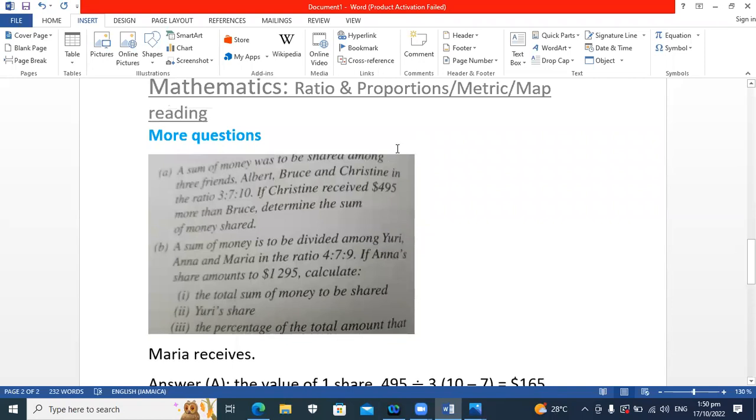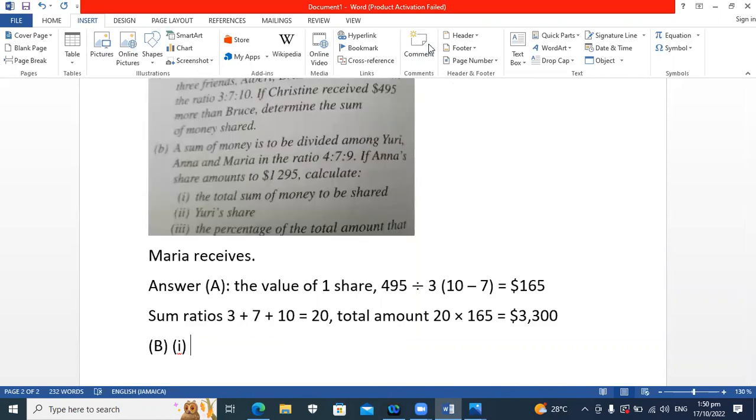A said Christine gets 4.95 more than Bruce, which is something a little different. So we have to subtract 7 from 10 to get 3, and then divide that into 4.95 to get 1.65.